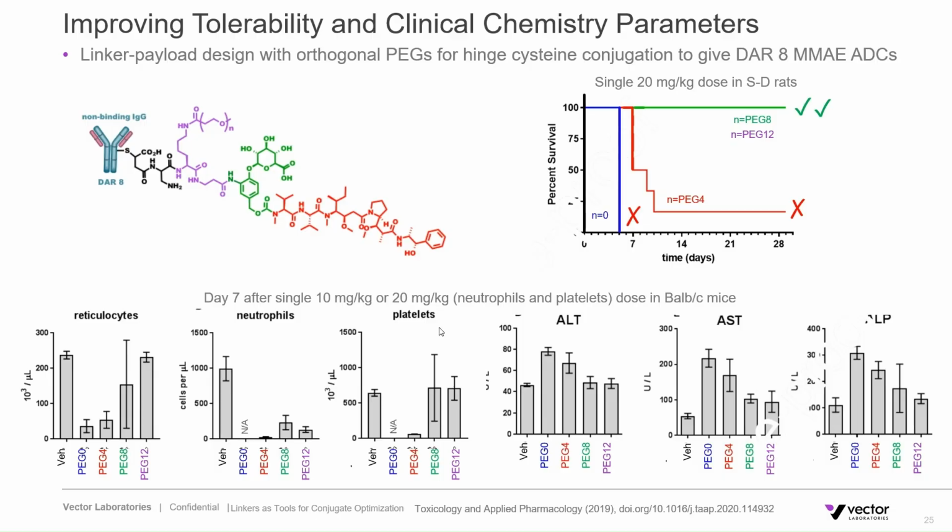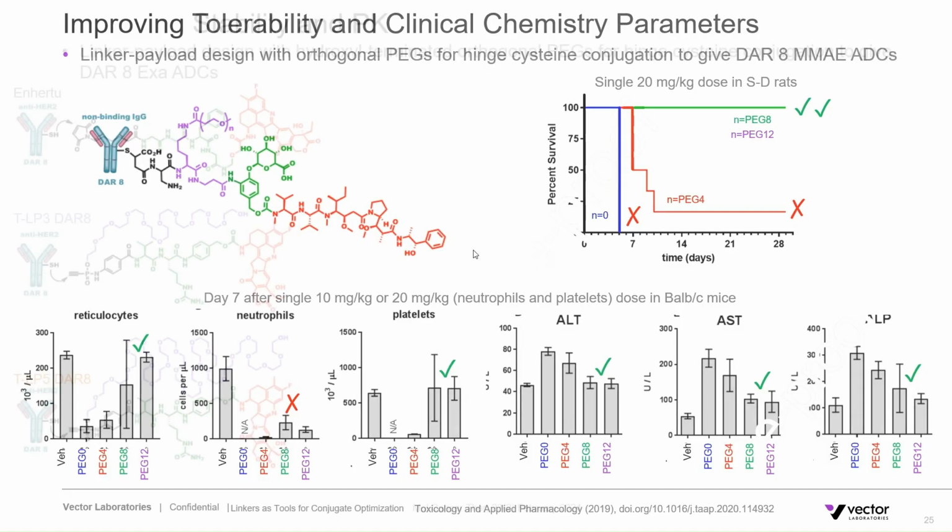It was also found that hematology and serum chemistry depended on that PEG length, and while all the ADCs showed some neutropenia, those with the longer PEGs showed less myelosuppression and liver enzyme elevation. So this is a nice set of studies in these last slides showing examples of how the orthogonal PEG can modulate these underlying mechanisms of non-specific uptake that can contribute to dose-limiting toxicities later on in clinical development.